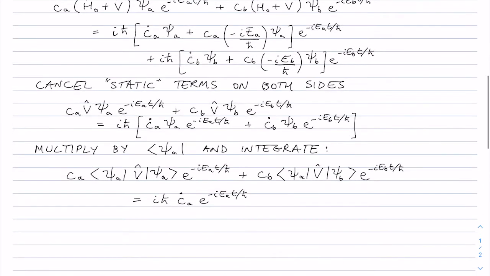Now it's a good time to define, similar to when we did perturbation theory, a VAB, the matrix element, but now it's a time-dependent matrix element. It's psi A, V of t, psi B. Time-dependent perturbation, time-dependent matrix element.